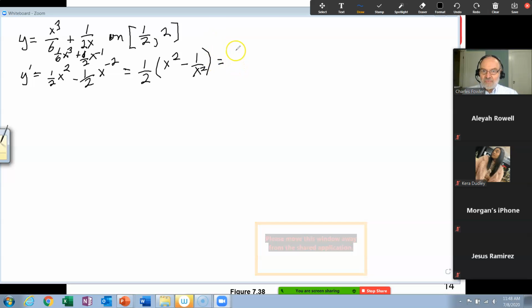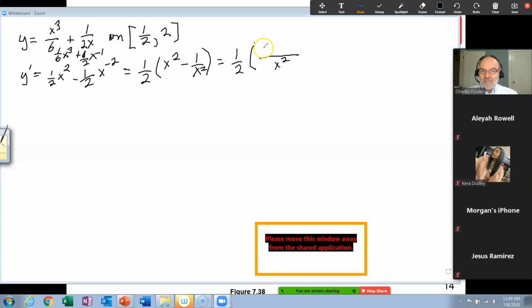And that will be this, 1/2. That's still there. And this is now going to be, I'm going to get the least common denominator of x squared. And that makes this denominator become a numerator, an x to the 4th. And this will be a -1. Does everybody agree with that?